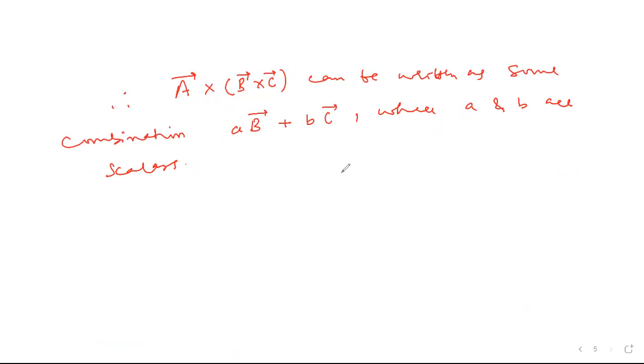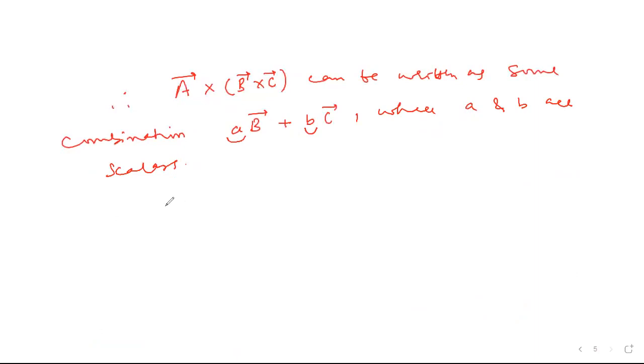Now, when we do the calculation, we find these scalars. I'm not going to do that calculation. I will write that directly. You can see that in any book. When you do the calculation and find this A and B, you will get this. Let me use another color.